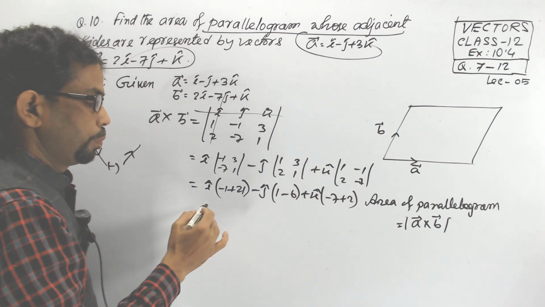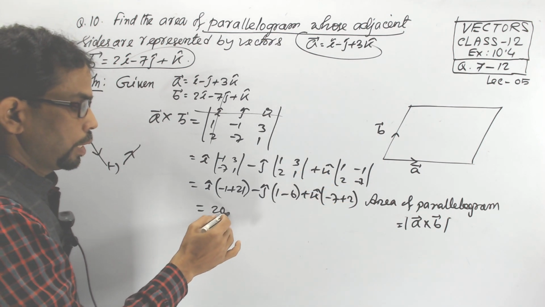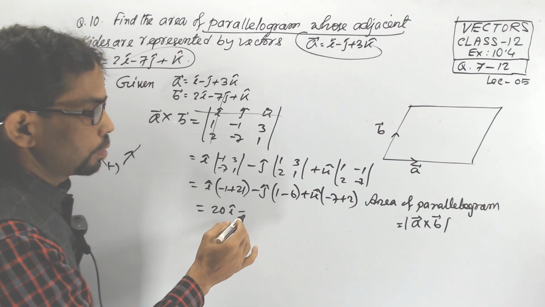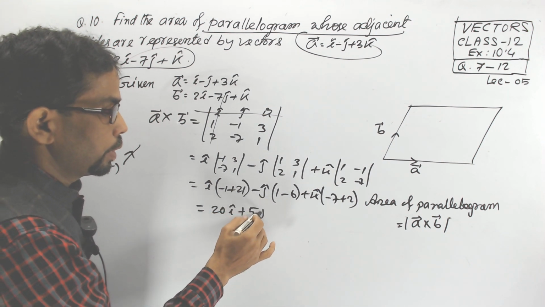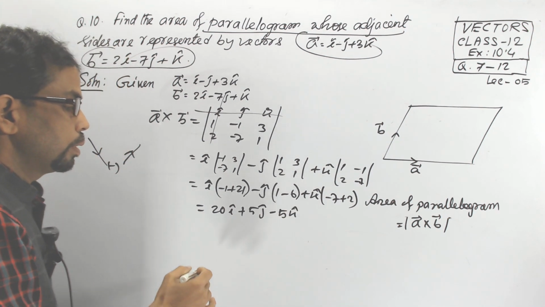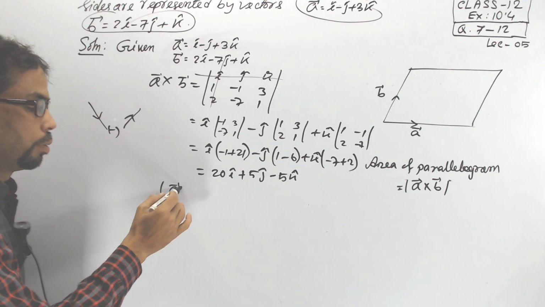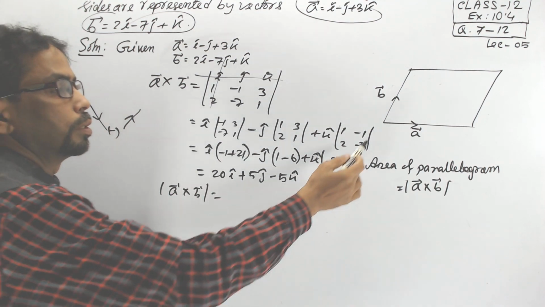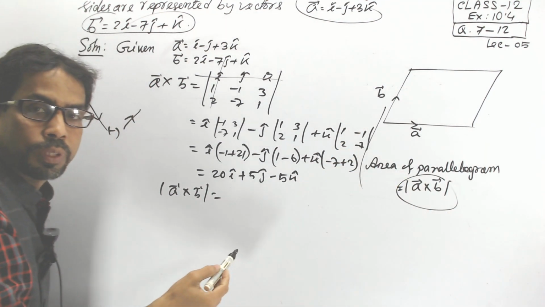plus 2. So it is 20i minus minus of minus will be plus 5j and minus 5k. Then we have to find the magnitude of this vector. The formula is here. We have to find the magnitude of this cross product.